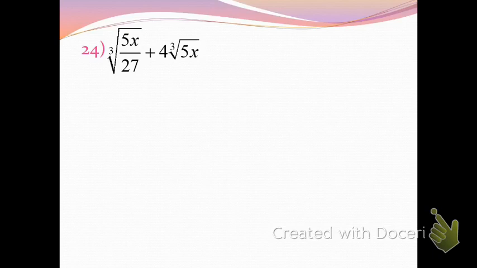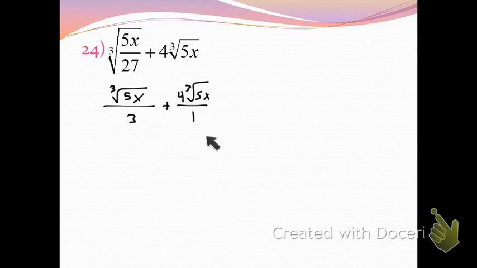Okay, I don't think the cube root of 5x simplifies. So I'm going to rewrite that cube root as the cube root of 5x. But I do think the cube root of 27 is what, guys? 3 plus 4 cube root 5x.